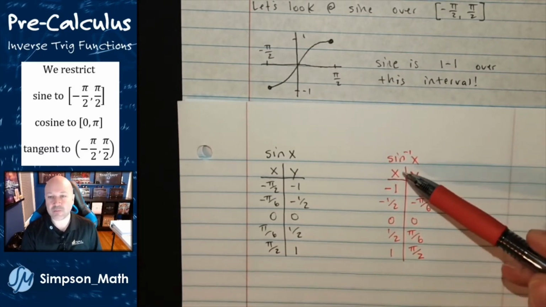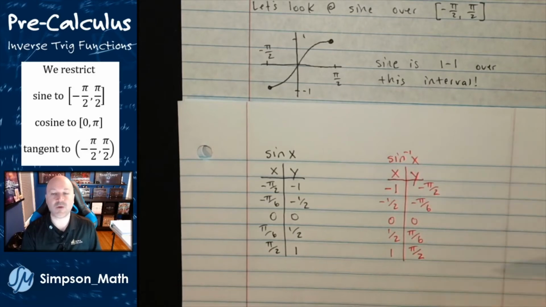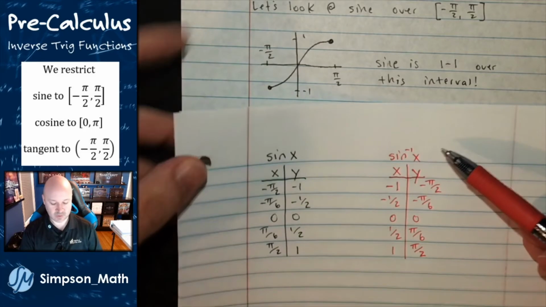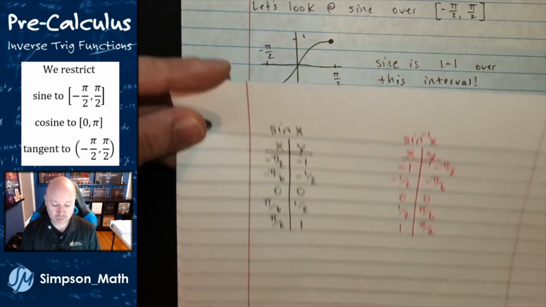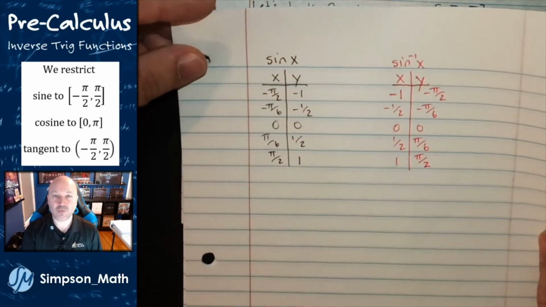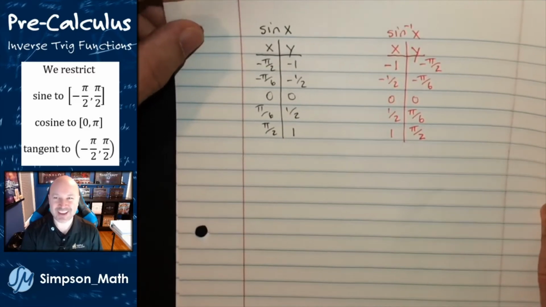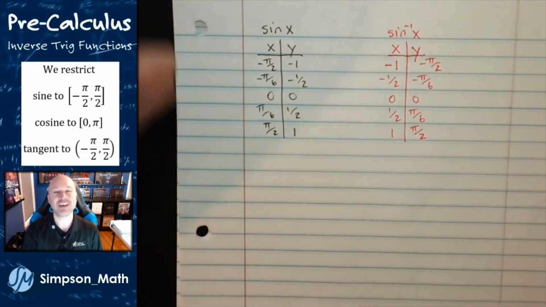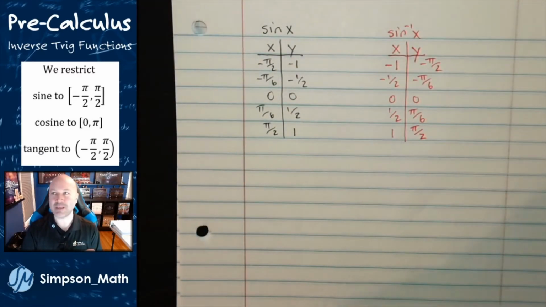Now I have here some inputs and outputs, some x and y values, so I think I can graph sine inverse. We just spent several lectures graphing the trig functions, and one big hurdle for a lot of us was labeling the x-axis correctly, because we had to do that whole skip, dash, dash, dash.